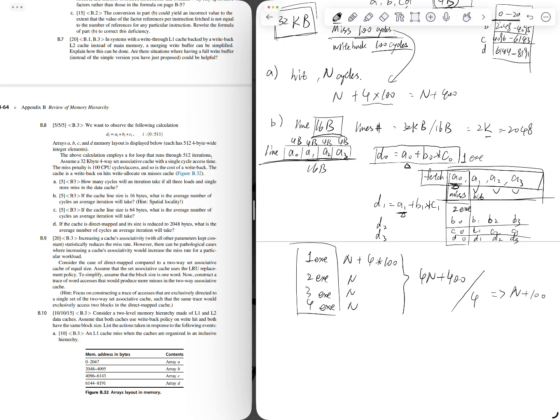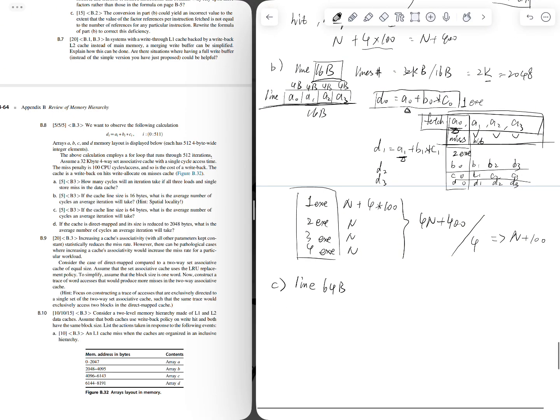Let's go with part C. Part C is nearly the same thing, just with a line of 64 bytes.